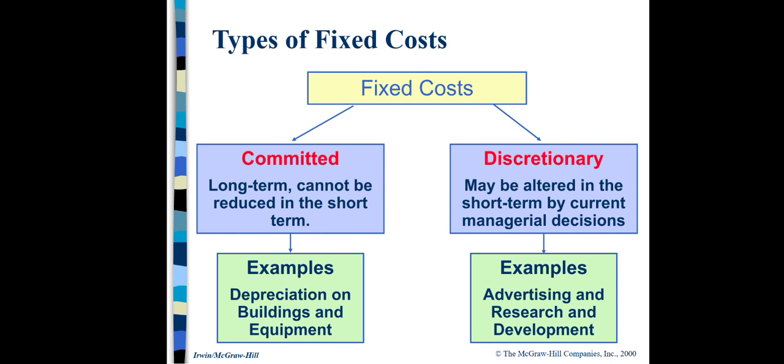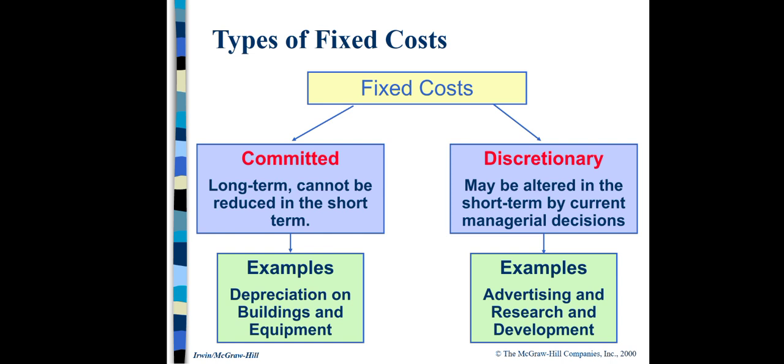So the discretionary fixed cost may be altered. Alter itu bisa diubah ya, in the short term by current managerial decisions. For example, committed fixed cost is depreciation on buildings and equipment. Jadi kalau depresiasi itu sudah ada hitungannya atau ada metode perhitungannya.